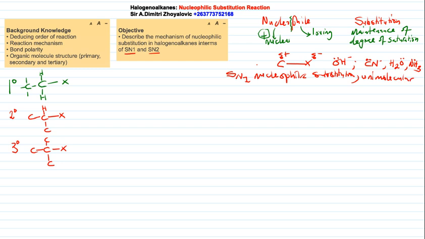This one is mainly for tertiary halogenoalkanes. The mechanism has got two steps. An example of a tertiary halogenoalkane is this one.